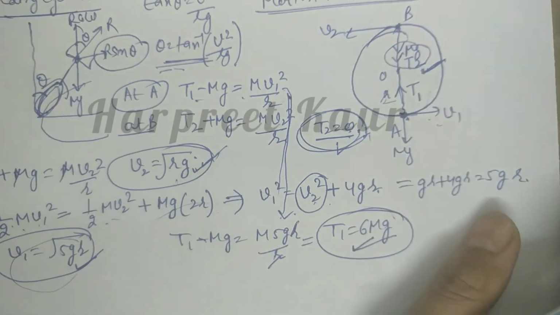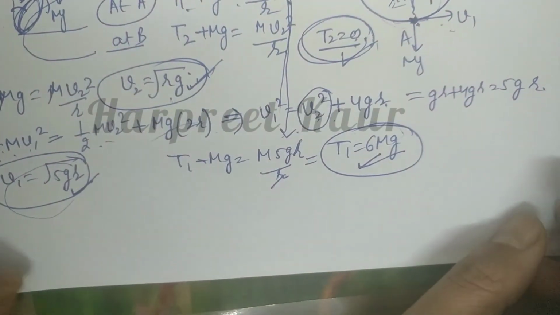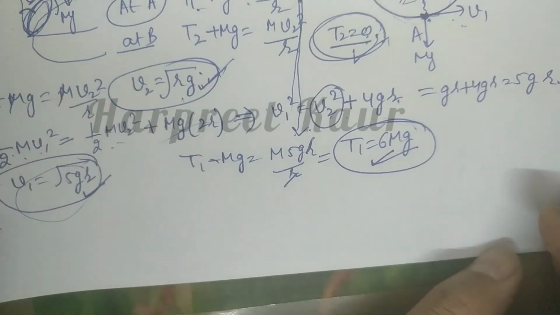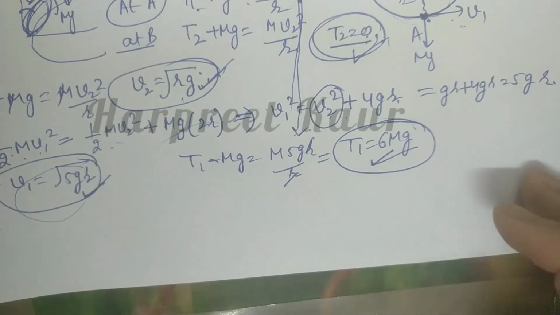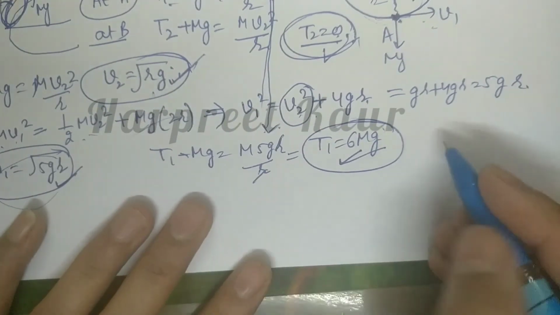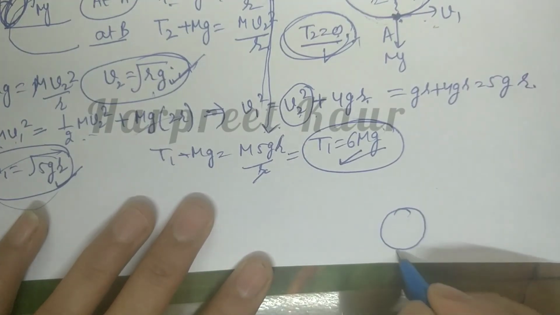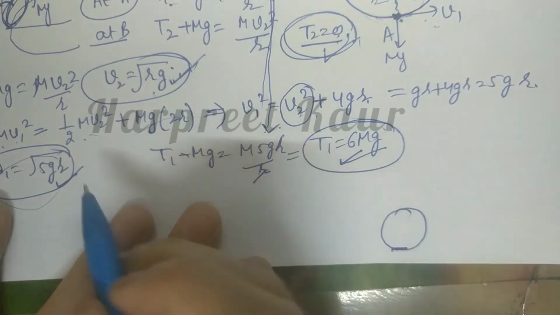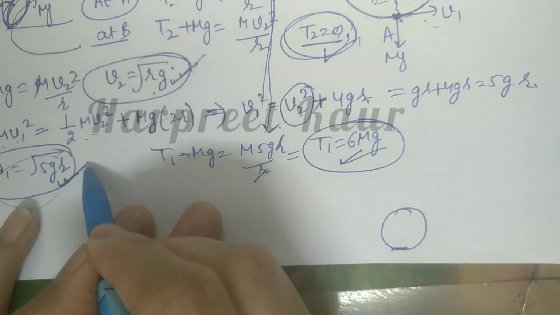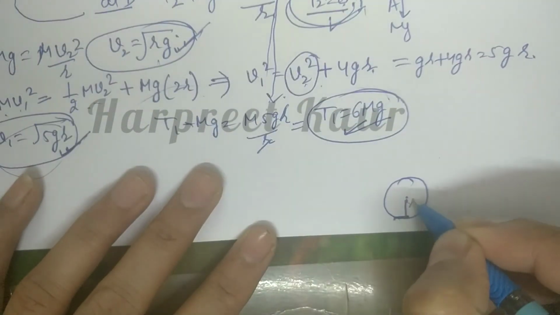Another example is in a circus, where a motorcyclist performs motorcycling inside a cage. How does he perform this? The cage is a circular cage and he has to enter at this point, so at this point his velocity must be under root 5gr. Then how does he attain this velocity if the radius is r?